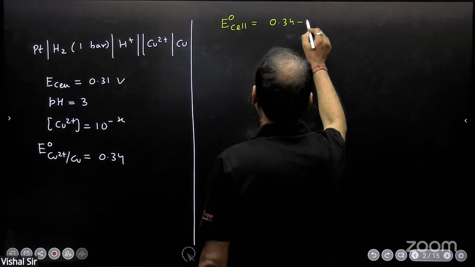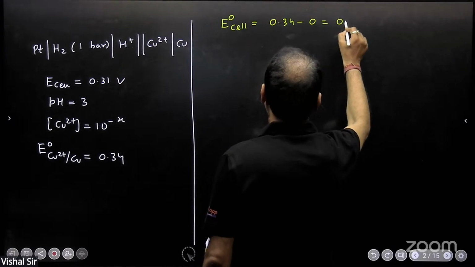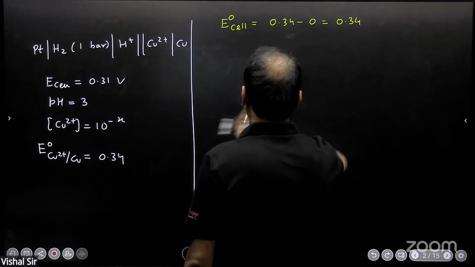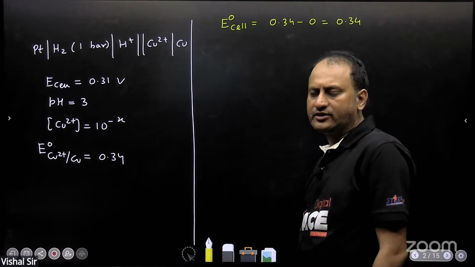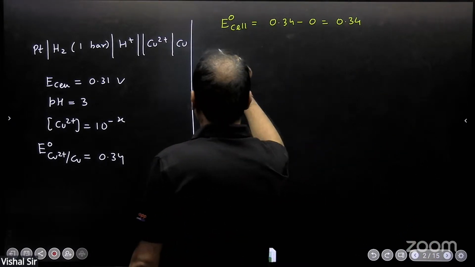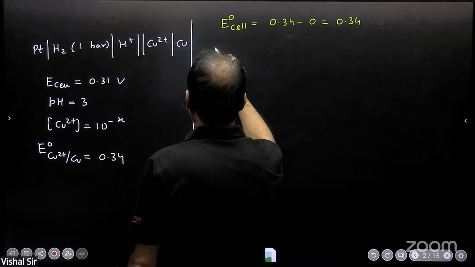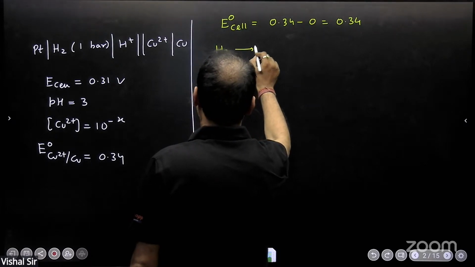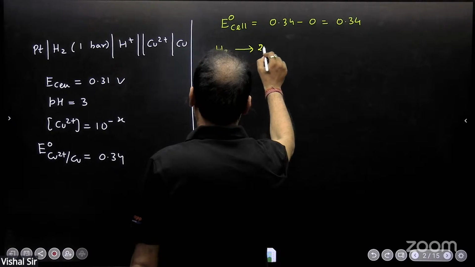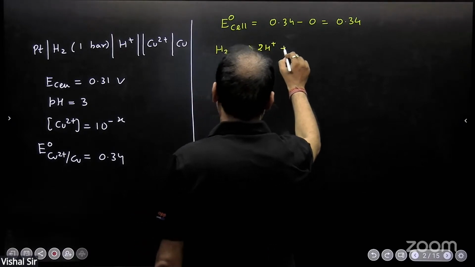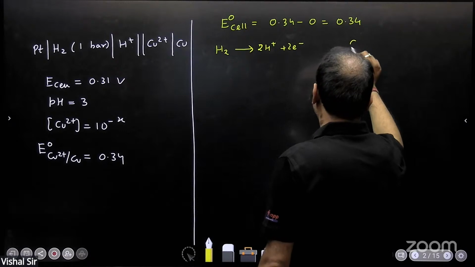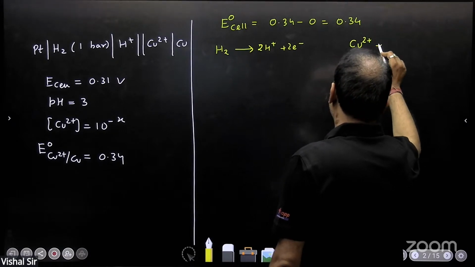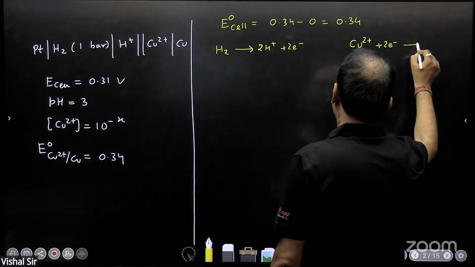So this is E naught cell. Reactions at cathode and anode, let's write. H2 goes to 2H plus plus 2 electrons. Cu2 plus plus 2 electrons goes to Cu.